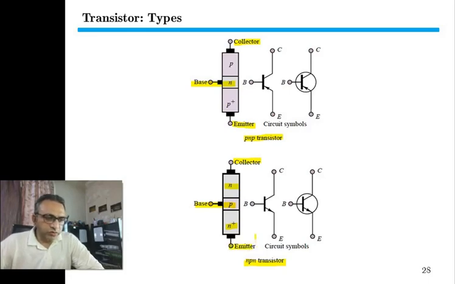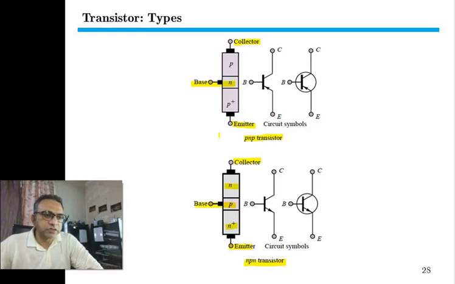Now, there are two new things in this slide that we must discuss. First, if we observe the N-type or the P-type material, we will see that the base, of either a PNP transistor or an NPN transistor, always has the thinnest width.